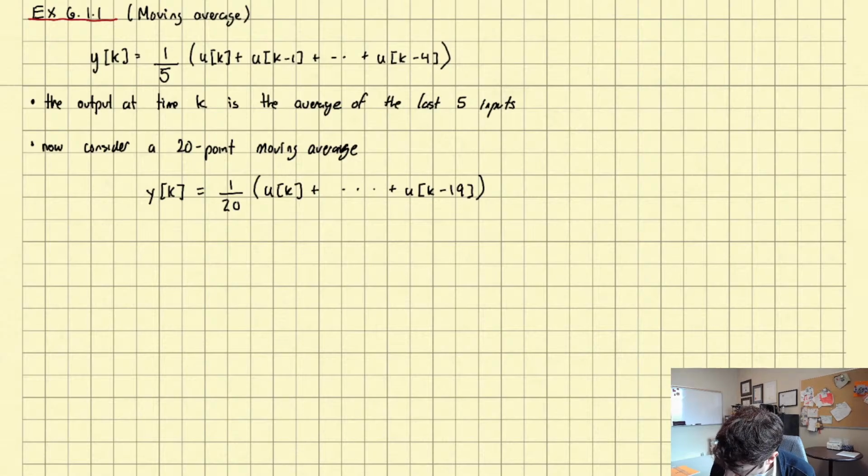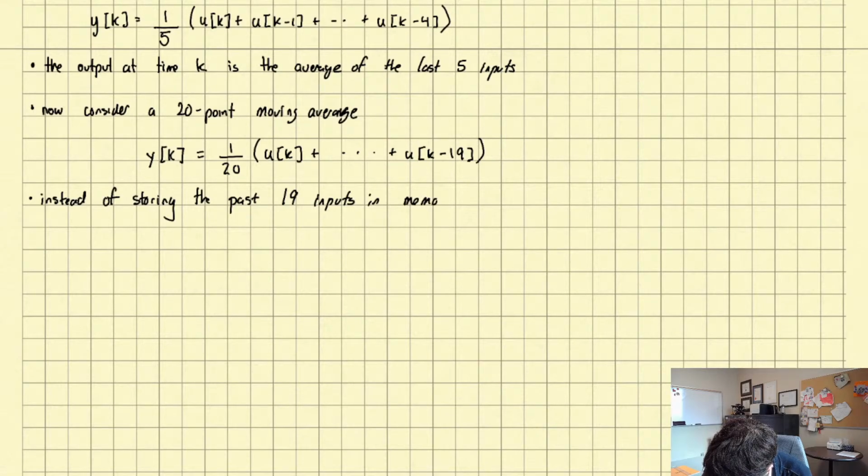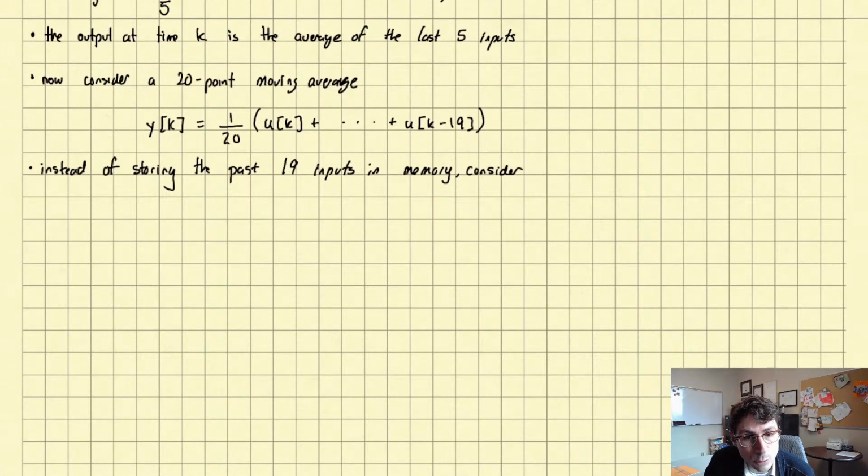So instead of storing the past 19 inputs in memory, consider the following. Take that 20-point moving average and subtract 1 from all the time indices.